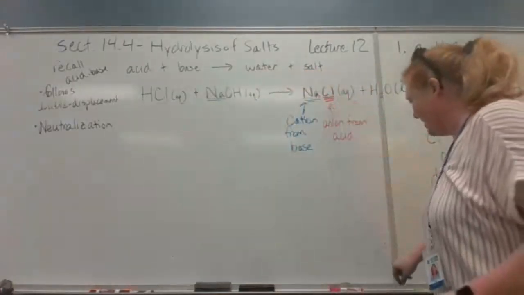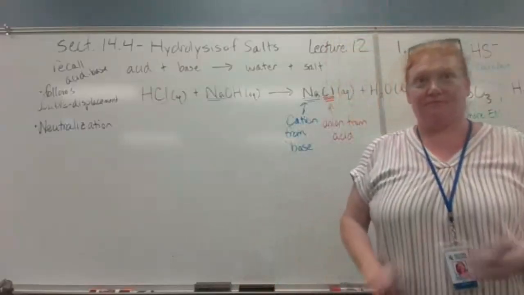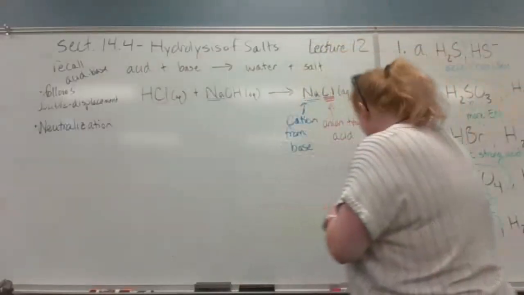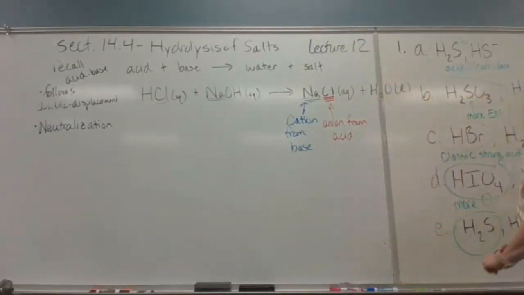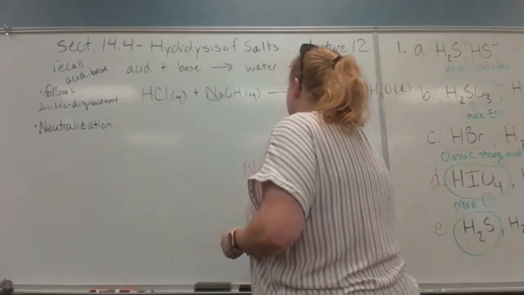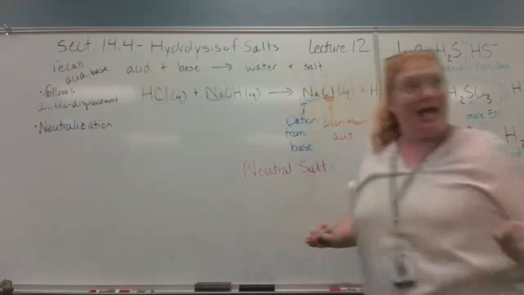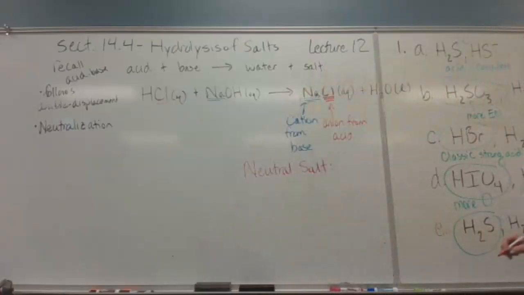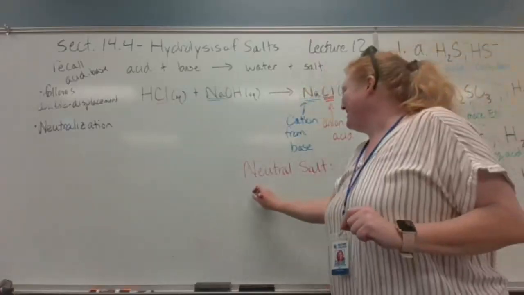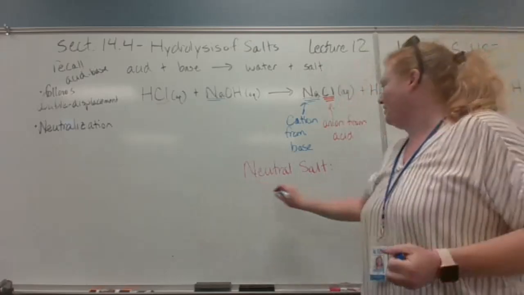This is because sodium chloride is an example of a neutral salt. Sodium chloride is what we can call a neutral salt. It contains inert cations and inert anions.